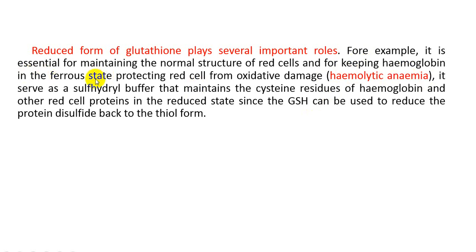What does ferrous state mean? The iron will be in the Fe plus 2 form; Fe plus 3 will be converted to the Fe plus 2 form. That means ferrous state.